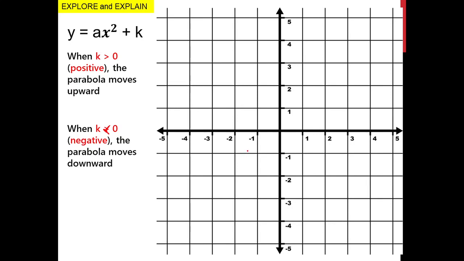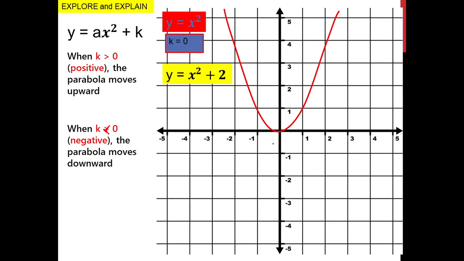Let's try to have an illustration here. Again, let's start with our parent equation and our parent graph. Now, for this parent equation, of course, the value of our k is equal to 0. That is why our parent graph is at the origin. Now, let's try to add a value of our k. So, let's have here y is equal to x squared plus 2. k is equal to positive 2.